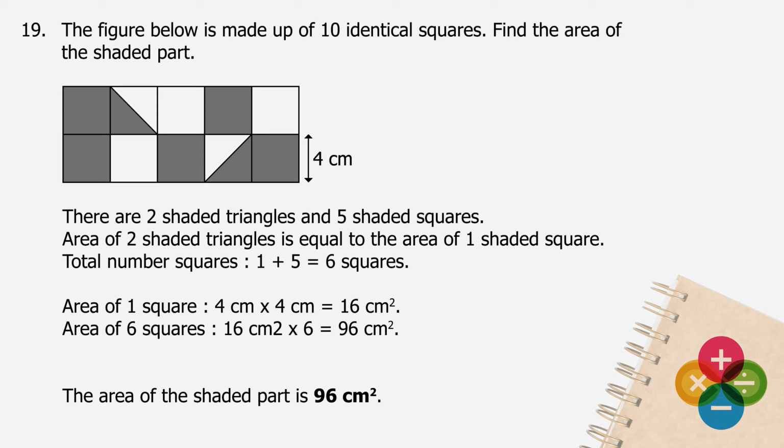The total number of squares will be, add 1 to 5, and the sum is 6 squares. The area of 1 square will be, multiply 4 cm by 4 cm, and the product is 16 square centimeters. The area of 6 squares will be, multiply 16 square centimeters by 6, and the product is 96 square centimeters. The area of the shaded part is 96 square centimeters.